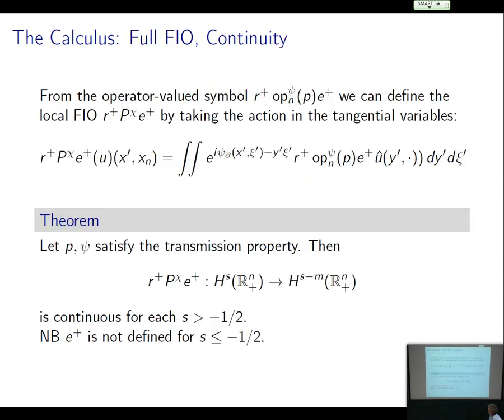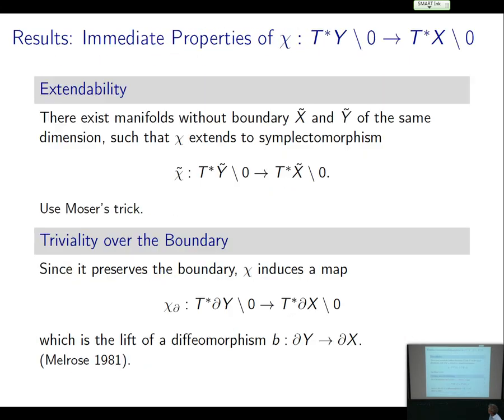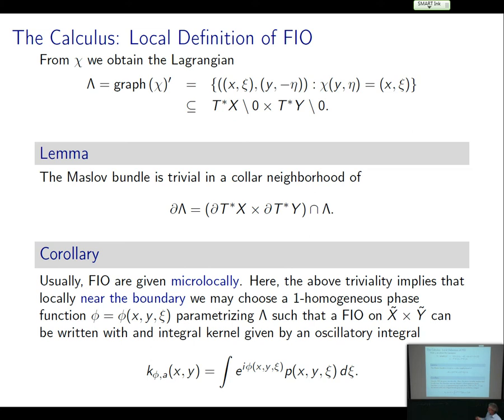How much does this theory depend on this chi, and what depends only on the Lagrangian?